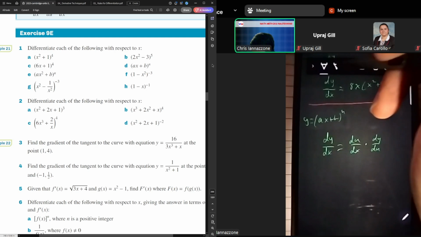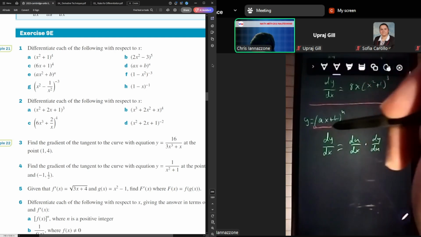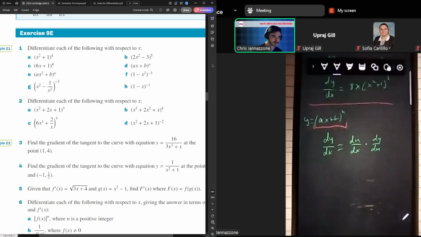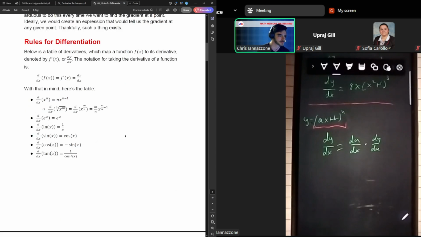So the first question to ask is, what does this look most like on the table of derivatives? What's it closest to? The quadratic one? Yeah, the quadratic one, x to the power of n.